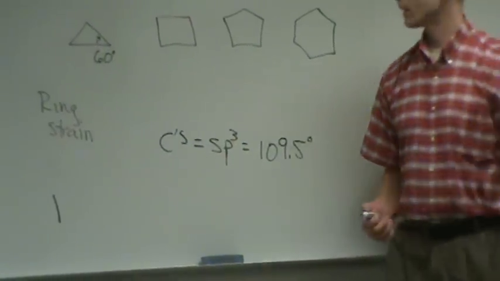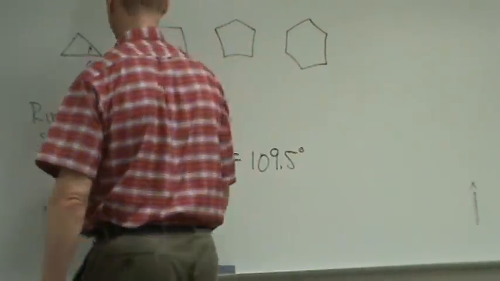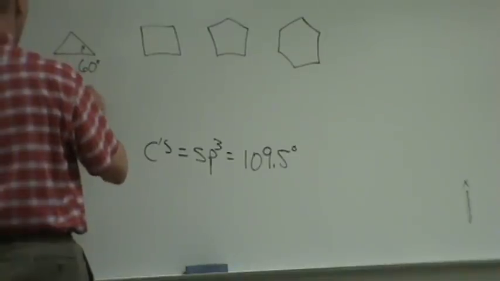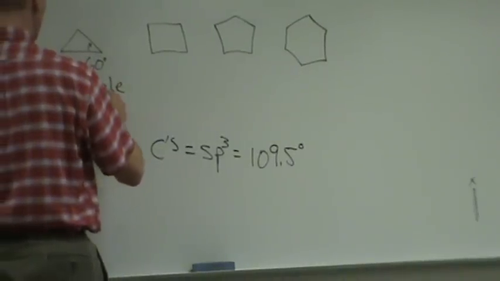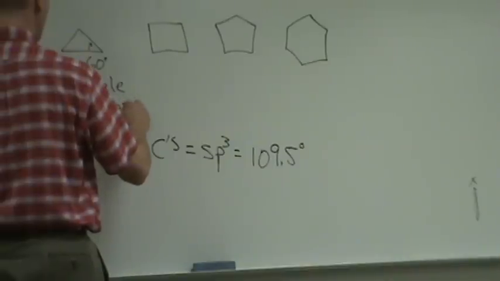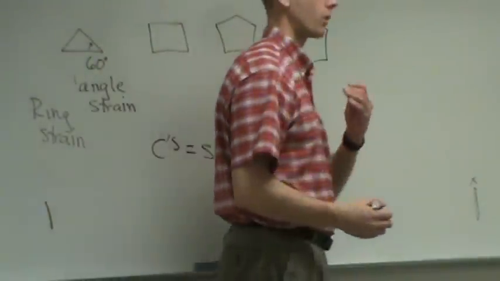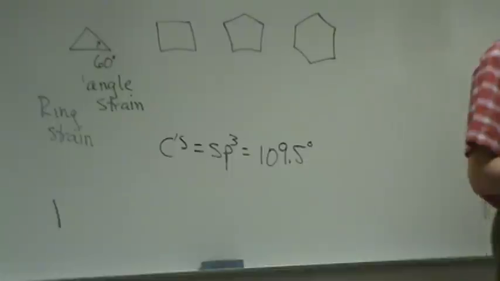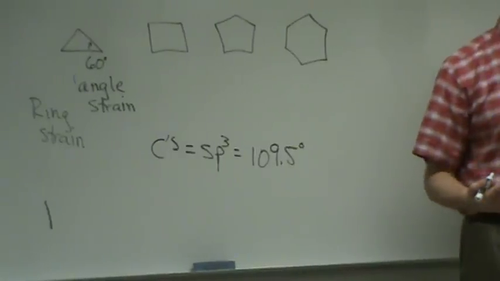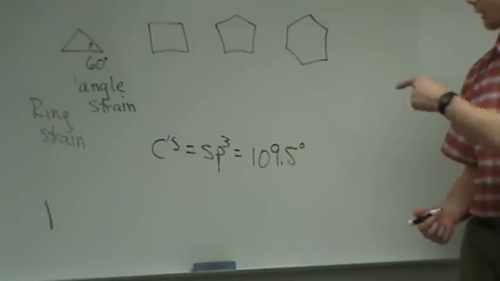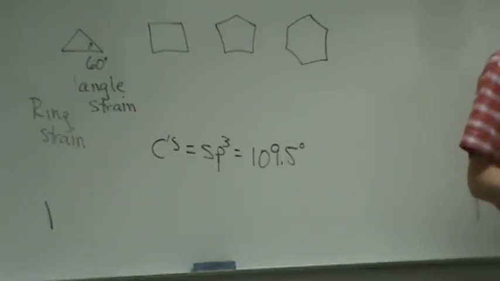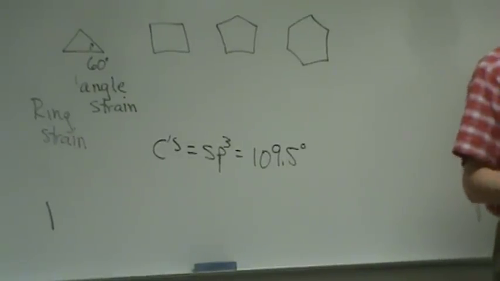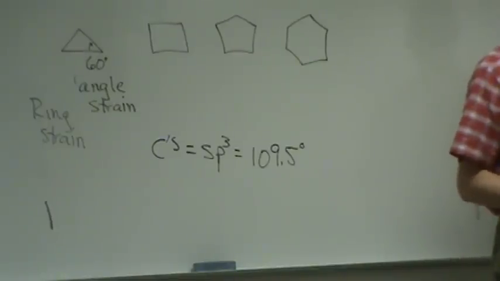So here, the ring strain is caused by what we can call angle strain. Angle strain is the amount of deviation from 109.5. We see that we're over 40 degrees away from an sp3 carbon angle.